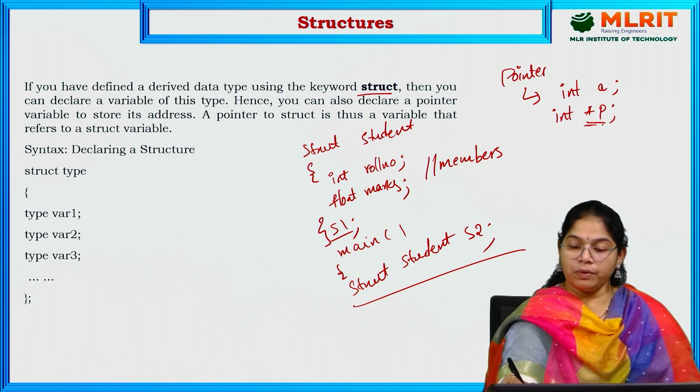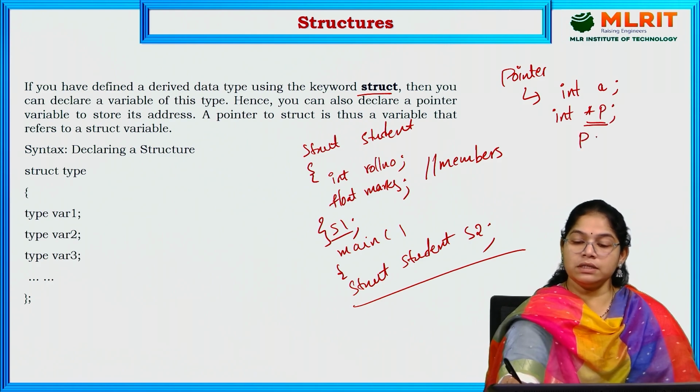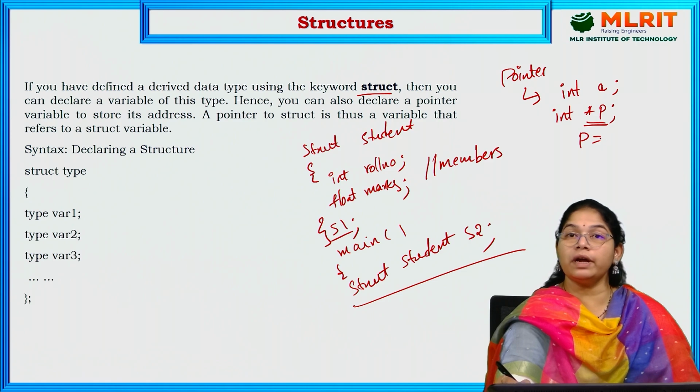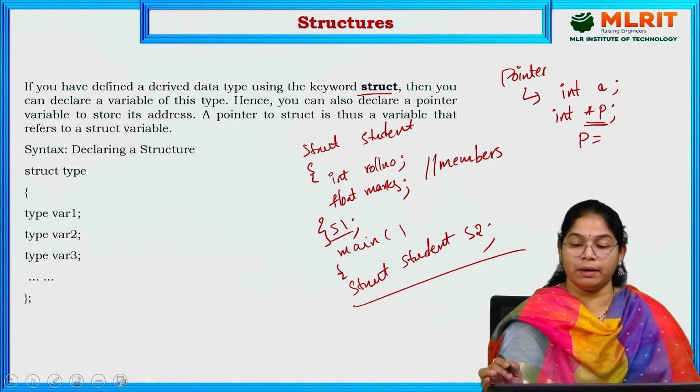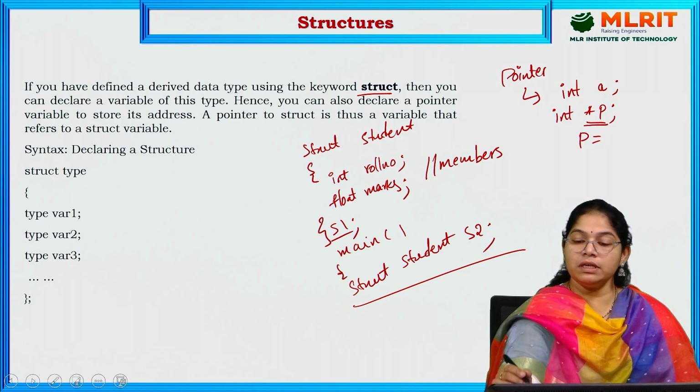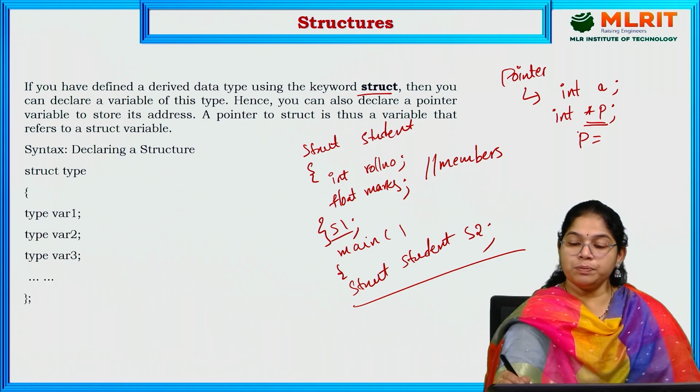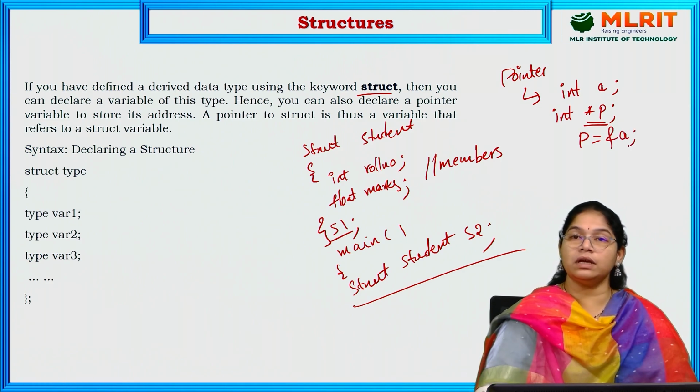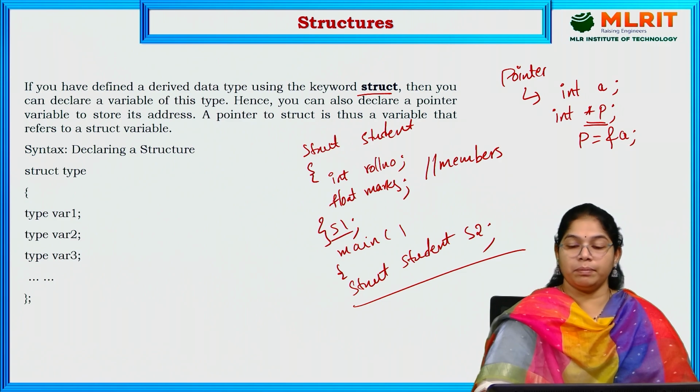Now it is a pointer. So here the variable is a, and this pointer p can store the address of a because a is also of the same type.